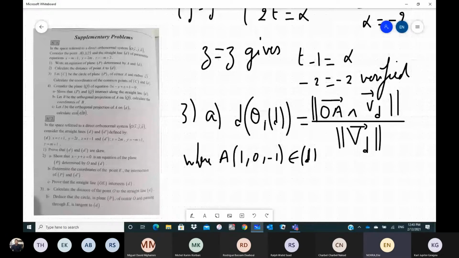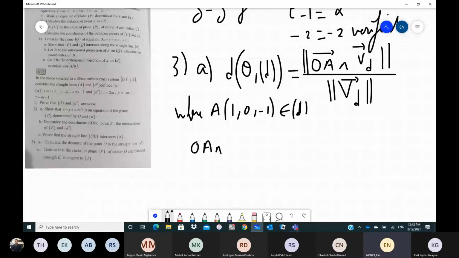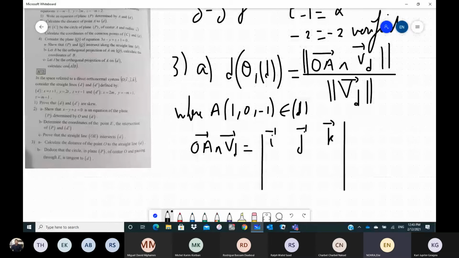Let's find it. OA is (1, 0, -1) and VD is (1, 2, 1).